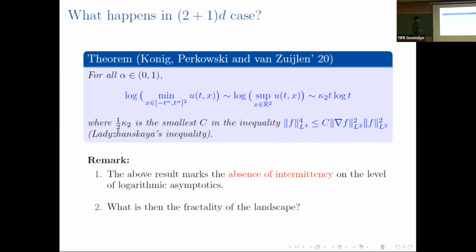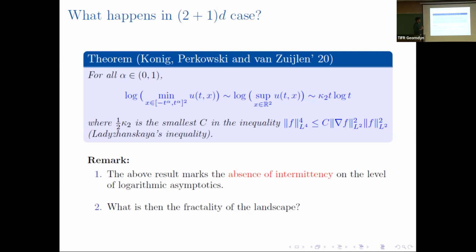They showed that if you take the parabolic Anderson model in 2+1D and take the minimum of the solution in a box of length t^α, and the supremum of the solution in the whole two-dimensional plane, then they grow at almost the same rate, in the sense that the logarithm of the minimum and the logarithm of the supremum have the same asymptotics as t goes to infinity.